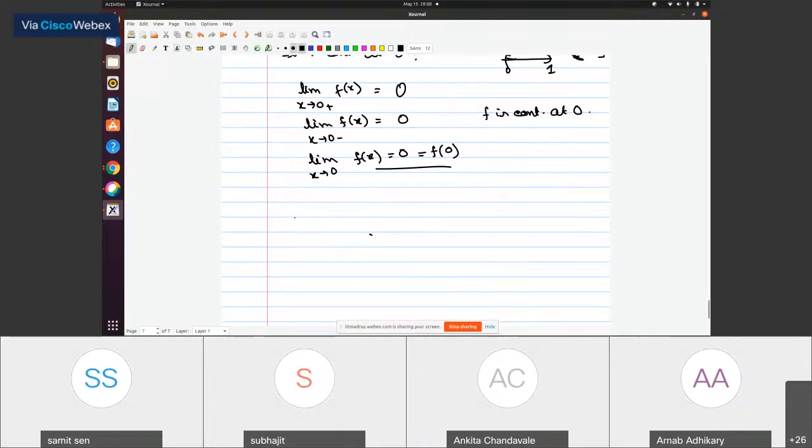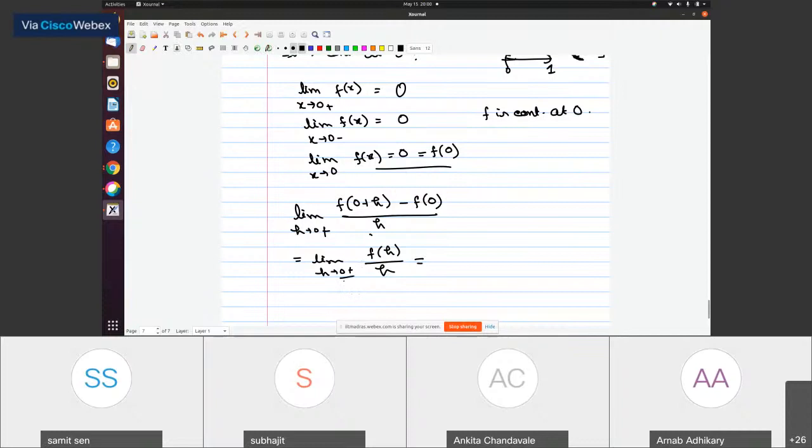Now for differentiability, what do we have to check? The limit as h tends to 0 of this, whether this limit exists or not. So for h tending to 0 plus, from the positive side, it is f of h minus f of 0. f of 0 is nothing but 0, so I am just removing it. What is the value of f of h?